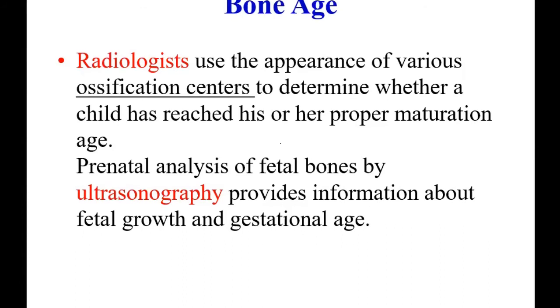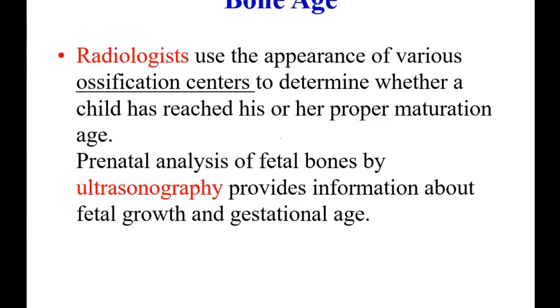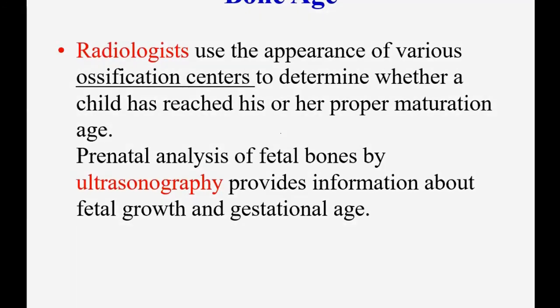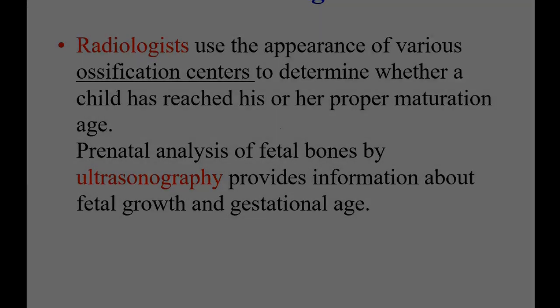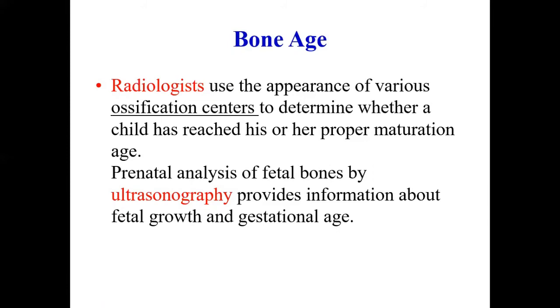Radiologists use the appearance of various ossification centers to determine whether the baby has reached proper maturation age. And ultrasonographically, fetal age can be determined by calculating the femoral length. Femoral length is also important to determine the fetal age.